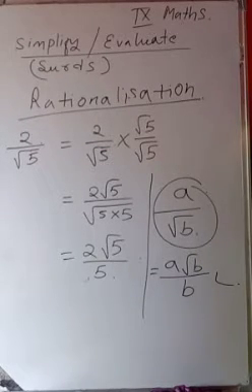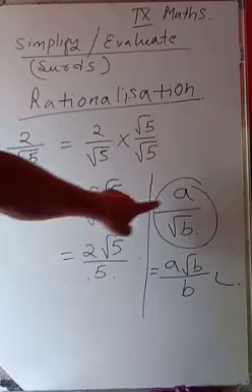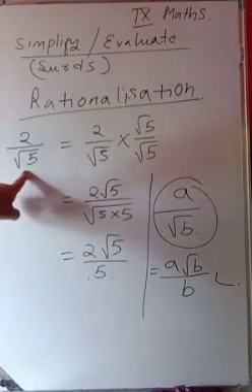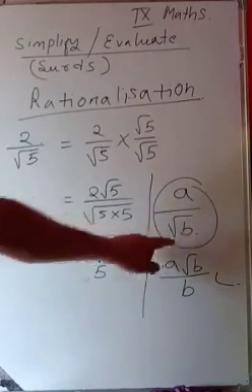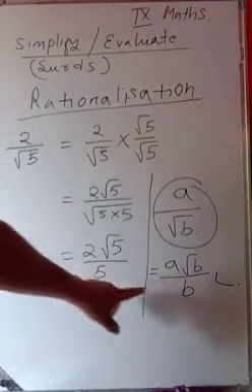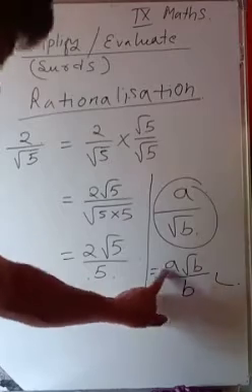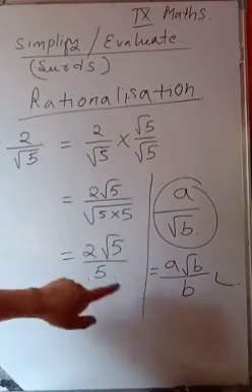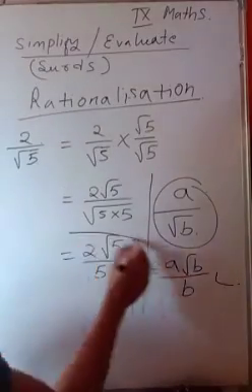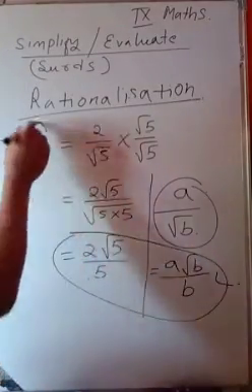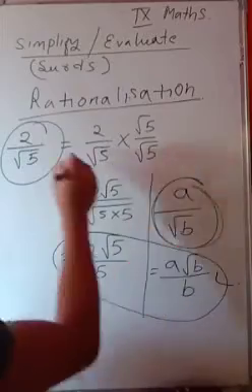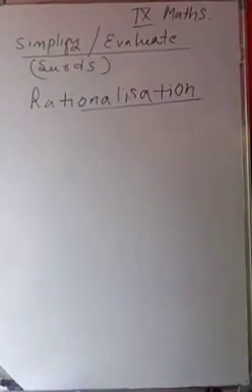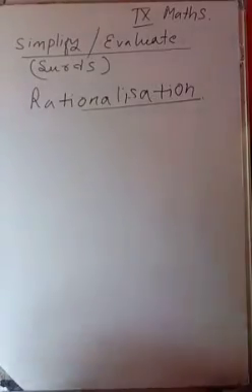Here a is 2, and b is 5. So you can go directly like this, a root b by b, so 2 root 5 by 5. You can compare this and this. Very simple formula.